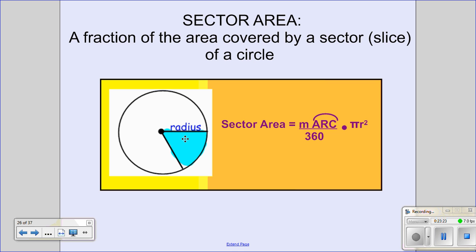So for example, I could find the area of the blue portion of the circle on this picture, or I could find the area of the white portion of the circle on this picture. But either way, the formula is measure of the arc divided by 360 times pi radius squared. So you remember this formula, right? Good, which you should. We talked about it previously.